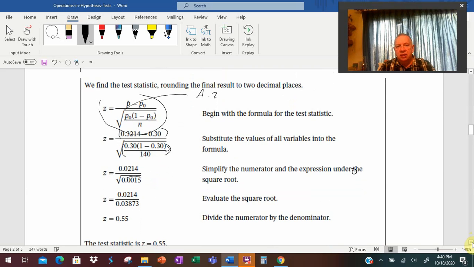Not just at any order in here. Everything needs to be cleared up top. Underneath the radical, top, bottom again, do the division, then take the square root, and then do our z, okay?